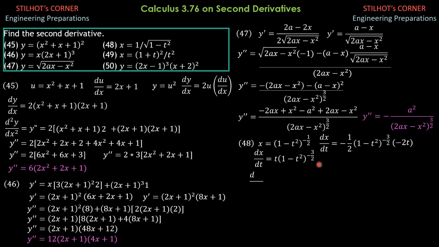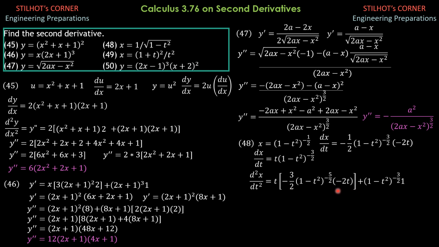So for the second derivative, we have the derivative of a product. The second derivative d squared x with respect to t is t times negative 3 halves quantity 1 minus t squared to the negative 5 halves times negative 2t, plus 1 minus t squared to the negative 3 halves times derivative of the first one.